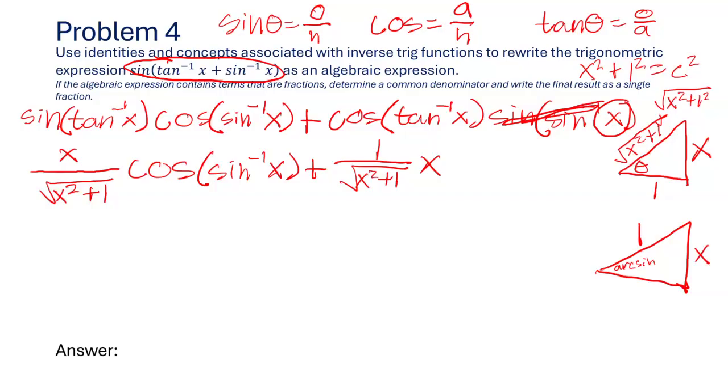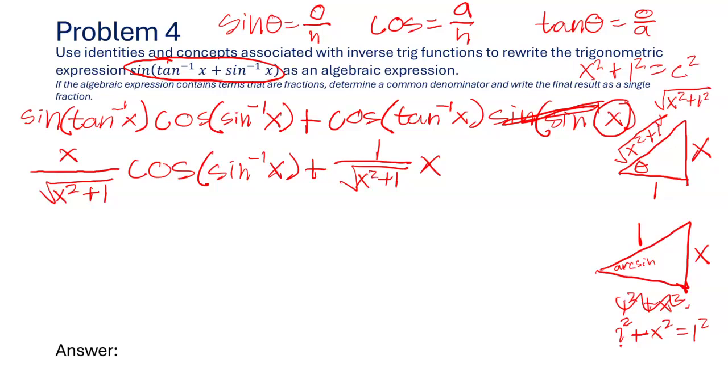Okay, and then using the Pythagorean theorem again, we have our missing side squared plus x squared equals 1 squared.